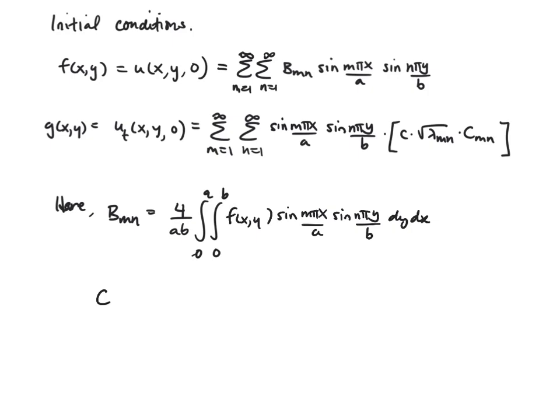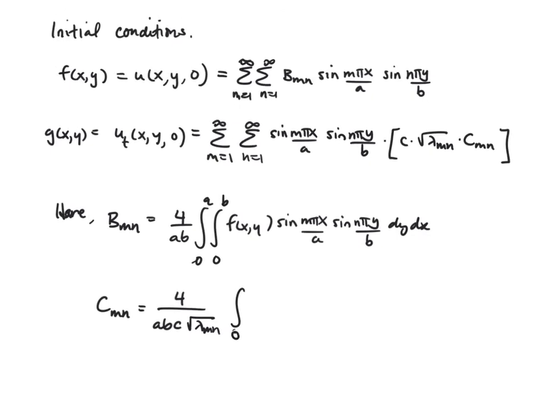And then the c_mn, very similarly, is going to be 4 over a b c root lambda_mn, double integral, sorry, that's a 0 down here, 0 up to a, integral 0 up to b, g of x, y, the 2 sine functions, sine(m pi x over a), sine(n pi y over b), dy dx.